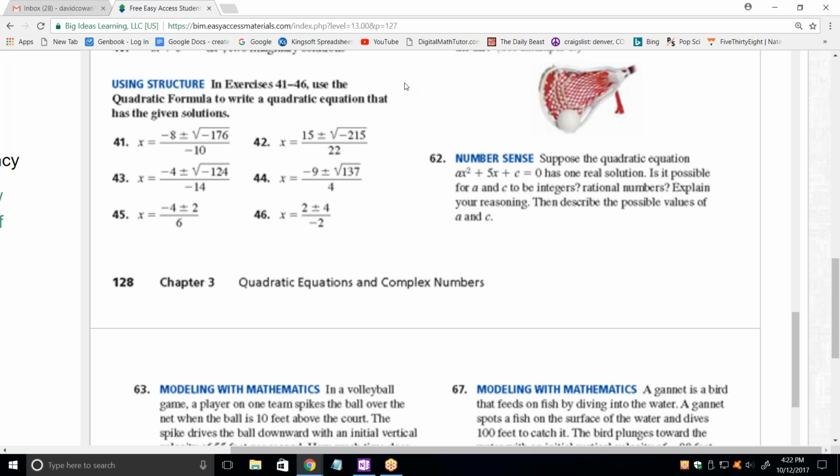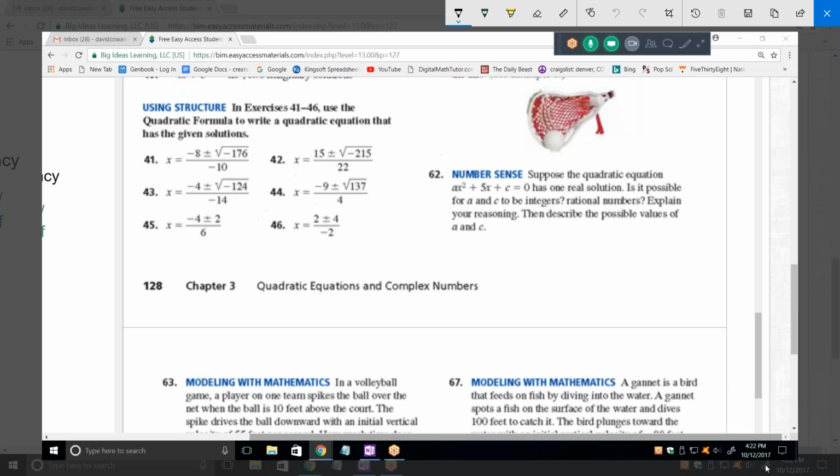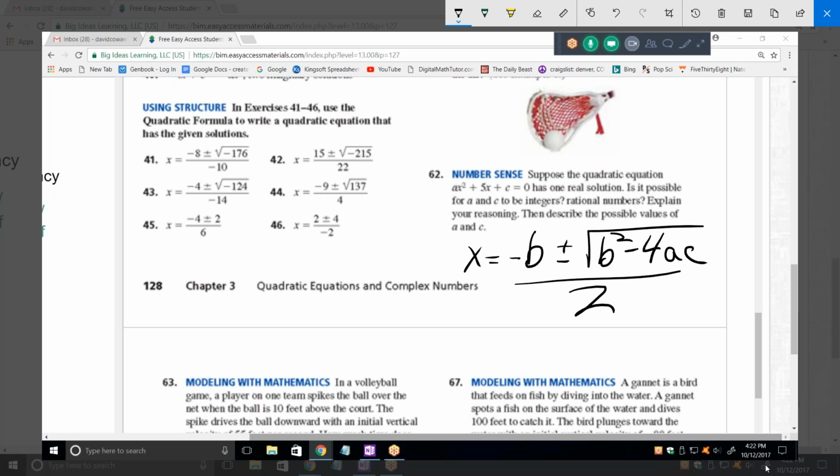First of all, the way to always start these problems is to write the general formula. Well, the general formula is x equals minus b plus or minus the square root of b squared minus 4ac, all over 2a. Looking at that, immediately I know what a is. What's a? 11.